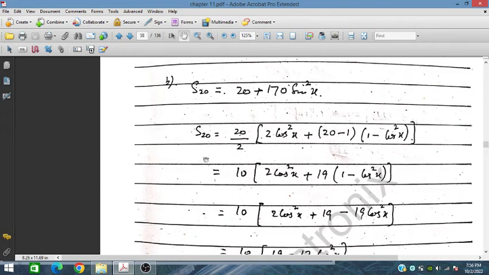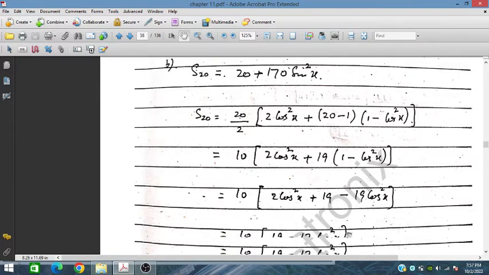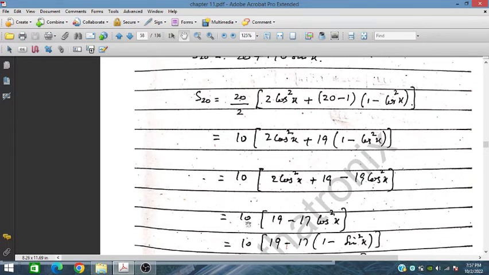So we have placed it in a simple arithmetic sum for the first 20 terms. In this way we have 20 minus 1 is 19, and 1 minus cos square x. So we have solved it, and this is minus 17 and this is 19. So here we have 10 multiplied by this.